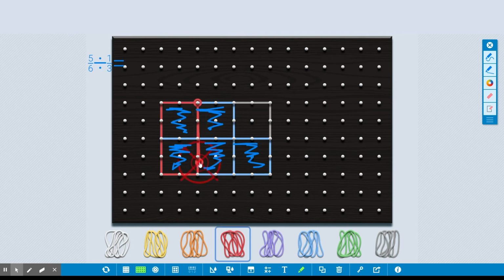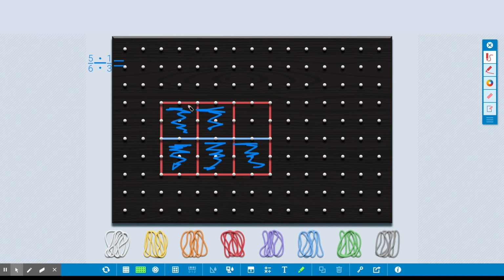Build my second third. I can see that 2/6 fill in that third. And I'm going to build my third third. And now I can see that only half of that third has been shaded in with that 5/6.